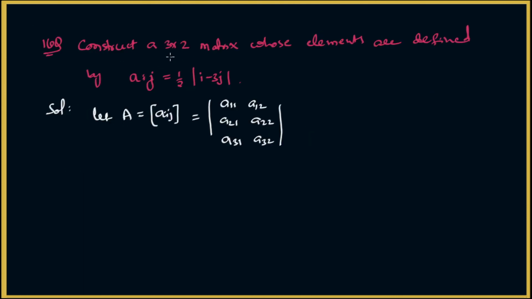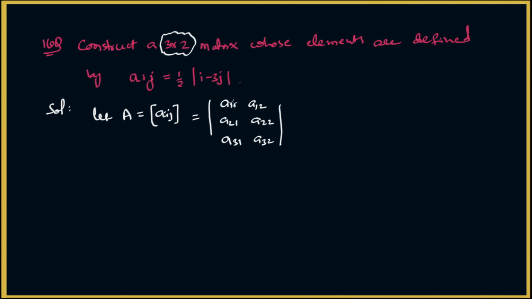now next question is: construct a 3 by 2 matrix whose elements are defined by a_ij equals 1 by 2 mod (i minus 3j). So the order of the matrix is 3 by 2, meaning 3 rows and 2 columns. So let a matrix A have 3 rows and 2 columns.